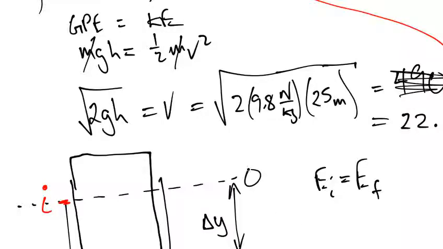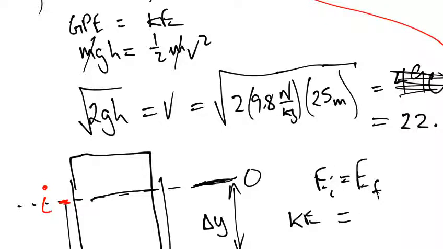Well, the only type of energy that we had initially was kinetic energy. Remember, this is location 0, right? At this point it's 0, so there's no gravitational potential energy. So we've got kinetic energy initially, and that's it. No gravitational potential, and also no elastic potential, because at this point here the spring is not compressed.